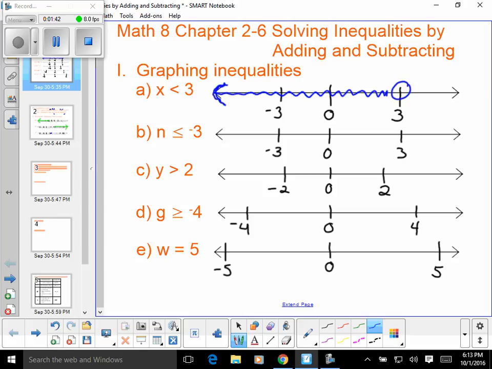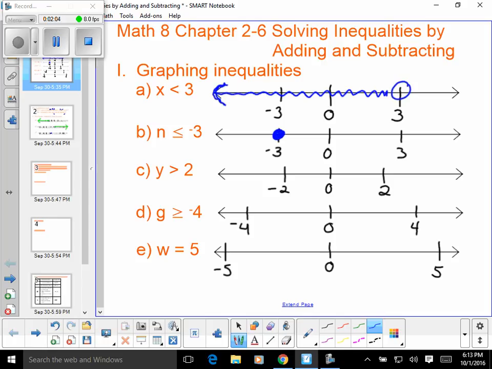Now let's look at B. B is less than or equal to negative 3. The first question, do I use an open circle or a closed circle? This inequality has an equal sign in it. It is less than or equal to. Therefore, I'm going to use a closed circle.